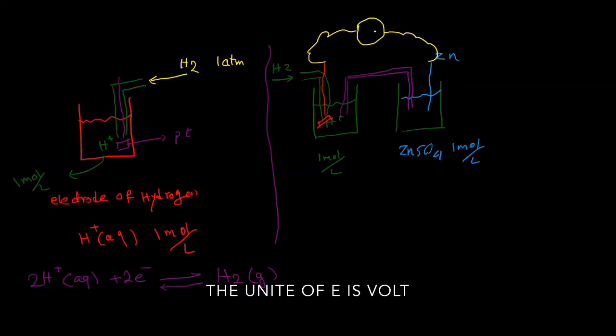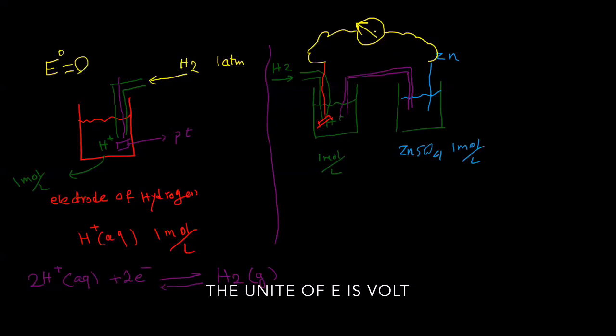As soon as I connect the voltmeter, I see the needle goes this way. What does it mean? It means Zn is giving electron to H plus. The potential for the standard electrode, we say E for potential and this dot for standard, is equal to 0 for hydrogen.